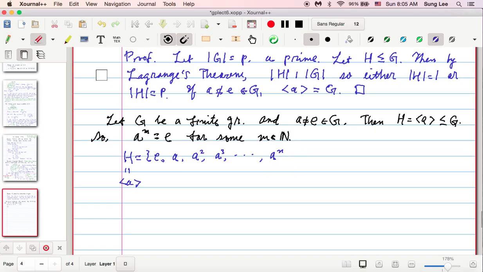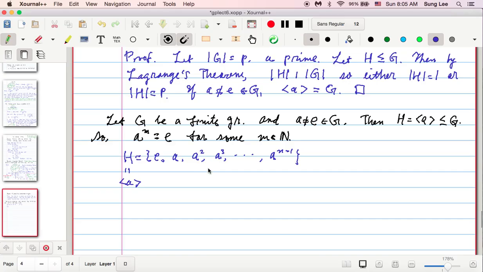So a to the n minus 1, and then a to the n goes back to e. That's a to the n plus 1, n plus 2, n plus 3, and so on. Then a to the 2n is e again, 3n, 4n, and so on.